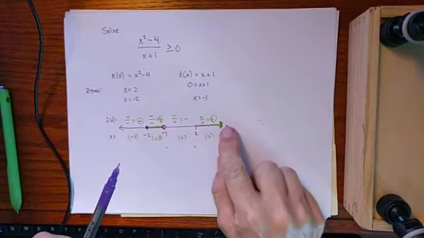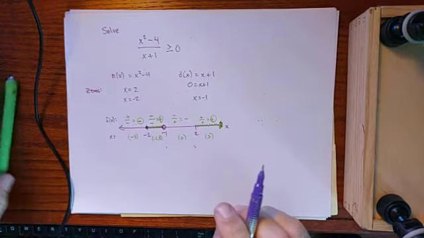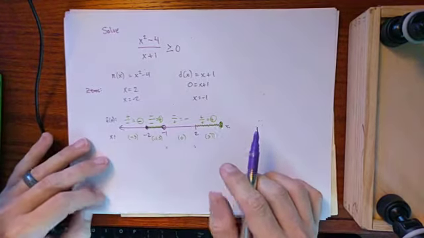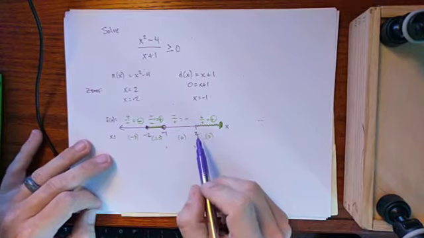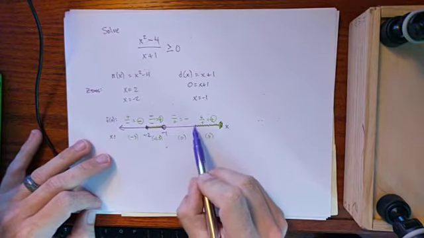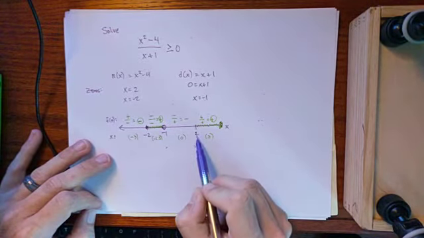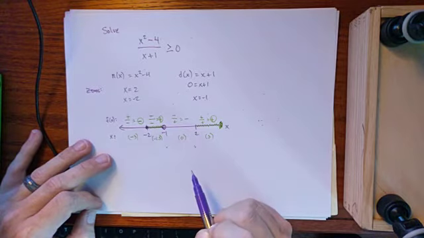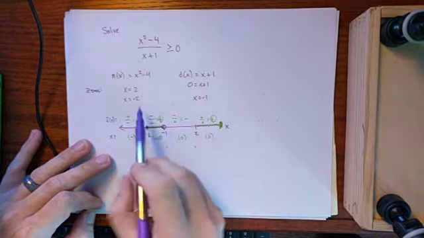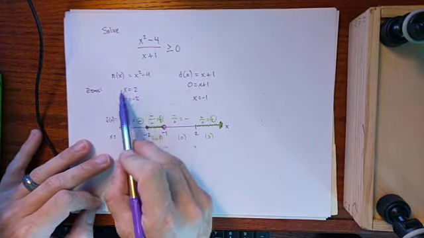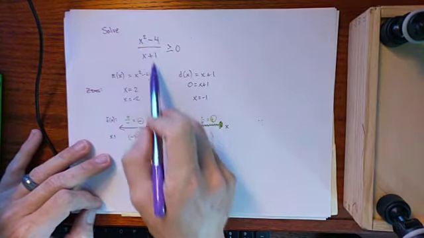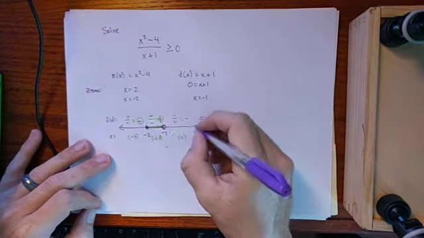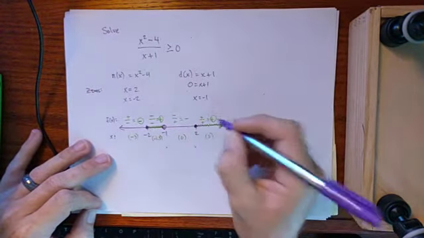And what's at the end of the arrow? Infinity, right? So now, question. Let you think about this for a moment. Should I color this value in or not? Okay, the answer is yes, I should color it in, because at positive 2, this fraction equals 0, and it's okay to equal 0.